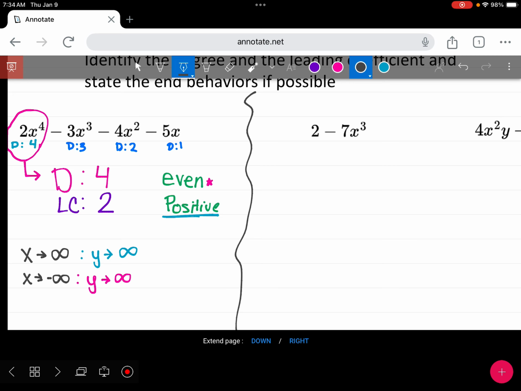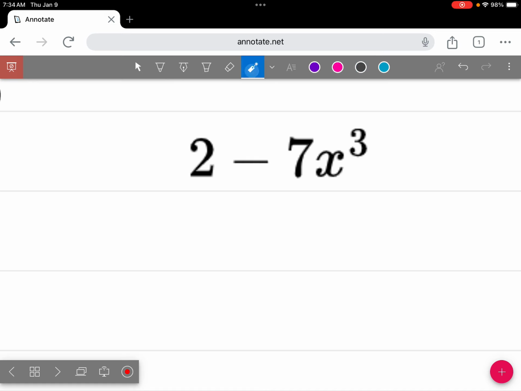Okay, we're going to do the same thing on the next one. We're going to find the degrees, and we're going to figure out which one's biggest. The degree is the biggest exponent on the letter. So what might the degree be for something like 2?